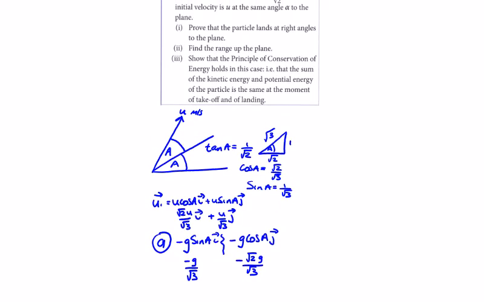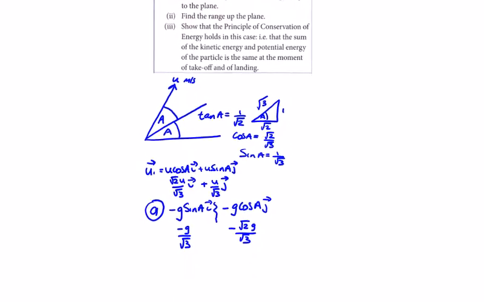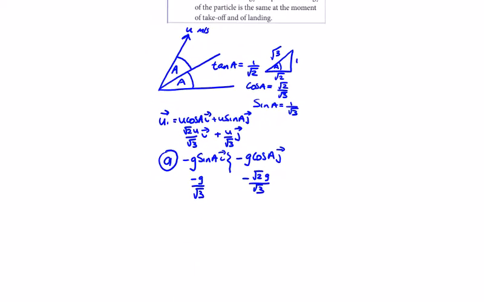Well, we're asked to prove that the particle lands at right angles, so we're looking at the velocity. But first of all, we need to find how long it takes to land. So when s of y is equal to 0, we have our ut plus a half at squared equals 0.